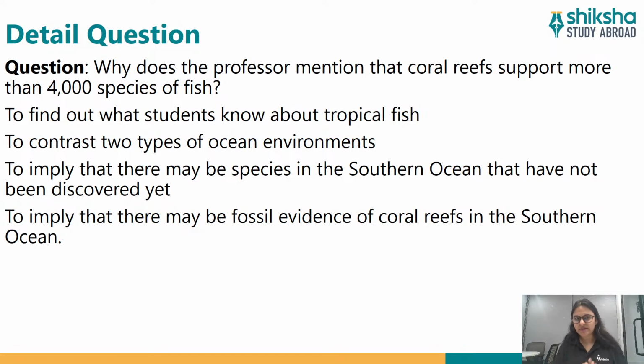Why? Because in a detailed question, the examiner is basically asking you for details: why the conversation took place, or why something was written in the passage. You can see here, why does the professor mention? That means you have to find out the reason in detail. That detailed reason will be given in terms of options. For example, there are 4 options given to you: 1, 2, 3, and 4.